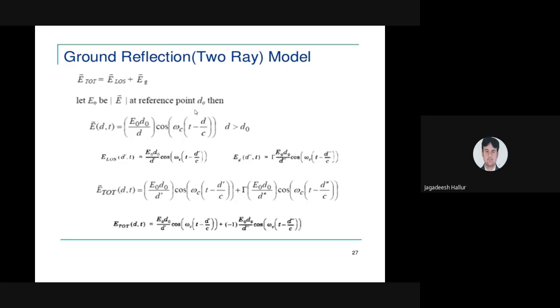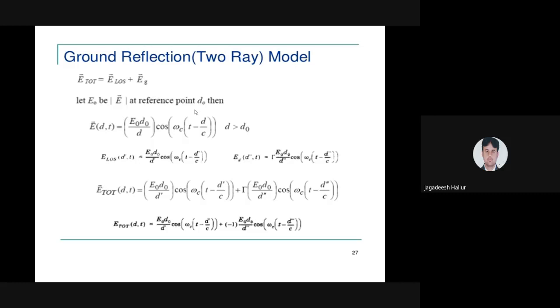So gamma into E naught D naught divided by D double dash. Instead of D, we use D double dash, cos omega C into T minus D double dash divided by C. Wherever you see the D, just apply the new distance instead of D, since there are two waves.